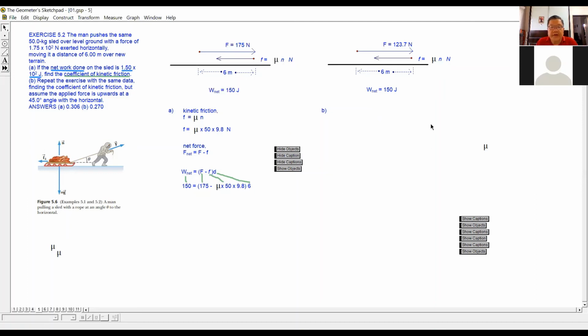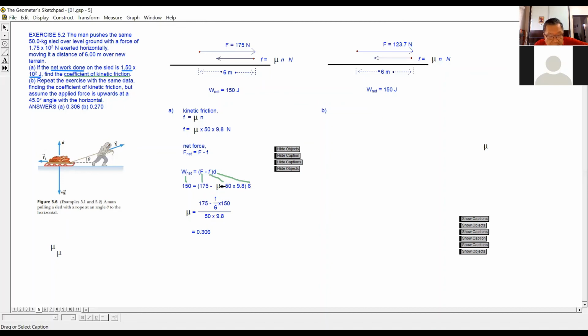So from this equation, we are going to find the value of mu. So what is the value of mu? The 6 you move over first, 150 divided by 6.